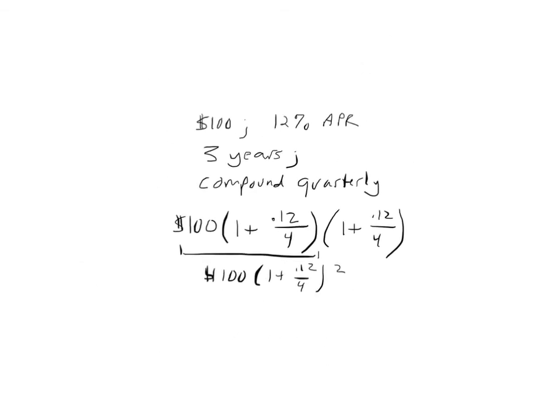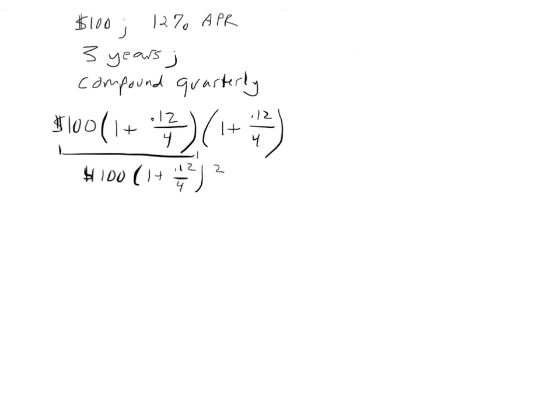Then our amount of money at the end of n compounding periods is going to be $100 times 1 plus 0.12 over 4, raised to the n compounding periods. Well, we generally talk about investing for a year, and we talk about the annual percentage rate.